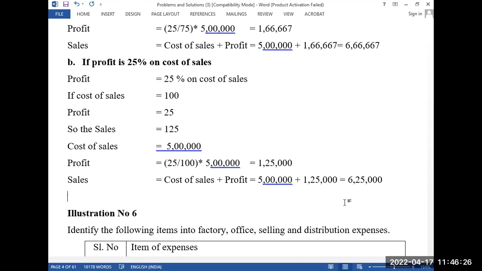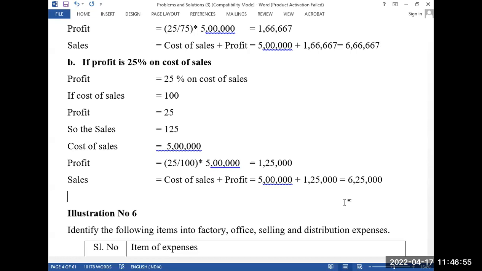Okay, fine. So now you know how to calculate profit on sales and how to calculate profit on cost of sales. For profit as a percentage of sales, the percentage is divided by 100 minus that percentage; in our example, 25 by 75. If profit is given as a percentage of cost of sales, it is directly the percentage by 100 into cost of sales.